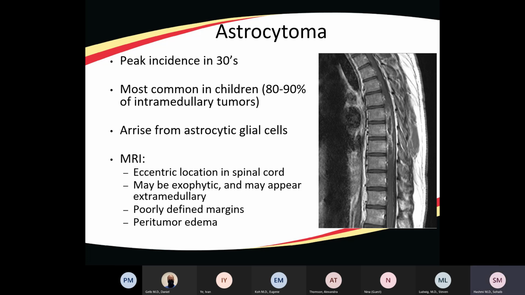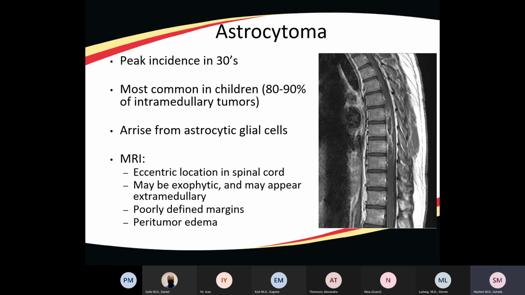They tend to be a little bit more infiltrative than ependymomas and have increasing morbidity from that, in terms of the treatment with surgery as well as the success rate from surgery, because there is usually some amount of tumor burden that is non-resectable because it's encased.